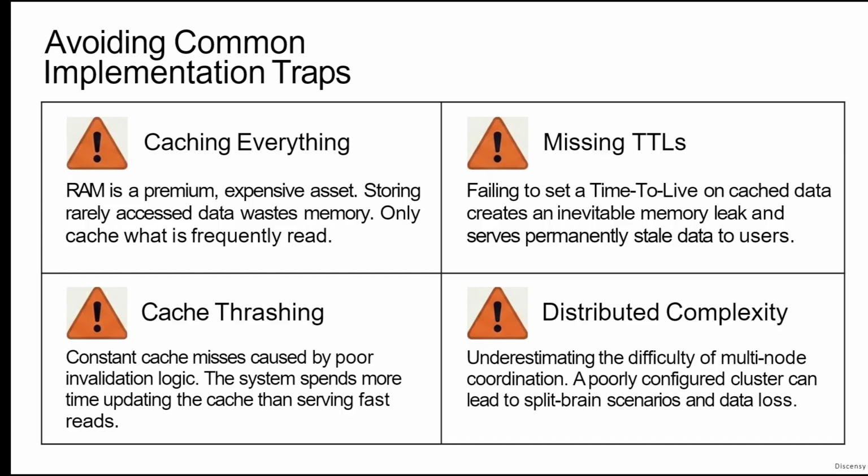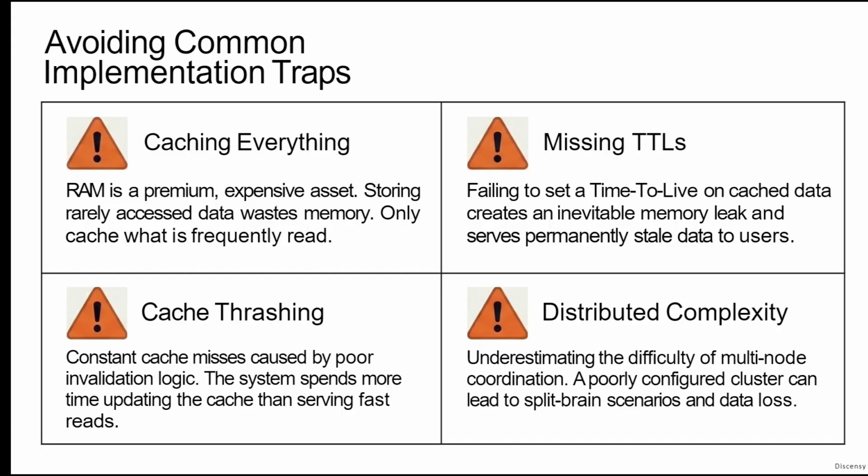Now let's try to recall what TTL is again. That is time to live, right? Missing TTLs: failing to set a time to live on cache data creates an inevitable memory leak and serves permanently stale data to users. Coming to cache thrashing: constant cache misses caused by poor invalidation logic.